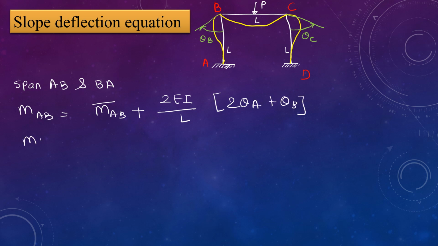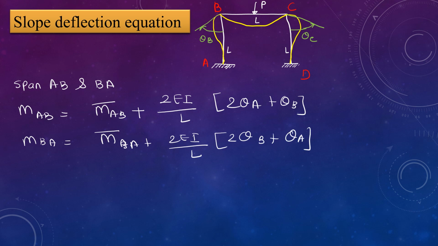Then moment BA is equal to MBA bar plus 2EI divided by L into (2 theta B plus theta A). This is how you can calculate the slope deflection equations for span AB and BA.